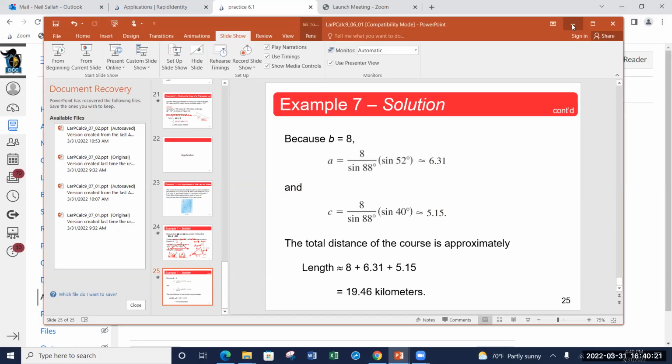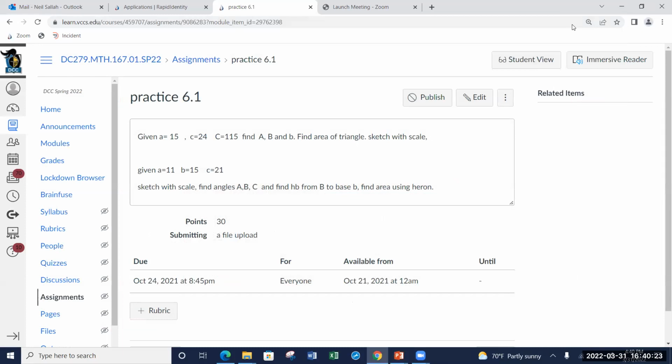Let's go back to the example. You have this example here. A is equal 15, edge C equal 24, angle C is 115. Find A and B and area of a triangle.